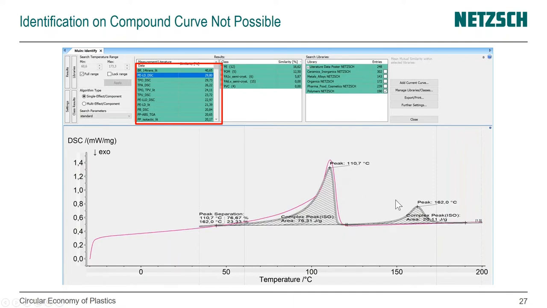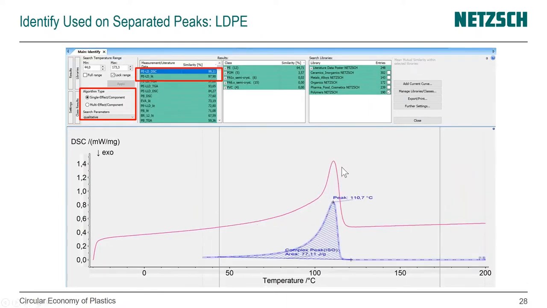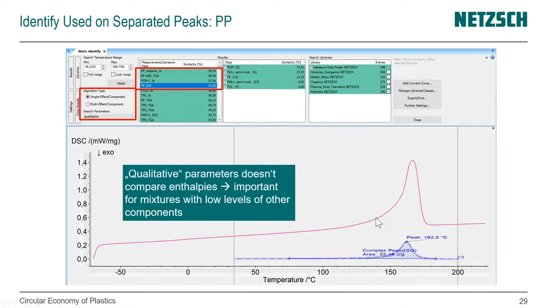And if we had the two curves, you see the agreement or similarity, as we call it, with LDPE is relatively low. Now we have the separated curves, only the LDPE curve, and we have a really good agreement with our LDPE in the database, and the same for PP. We get a high similarity with the PP that we have in the database.